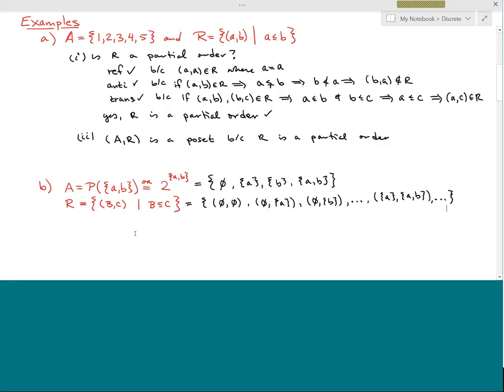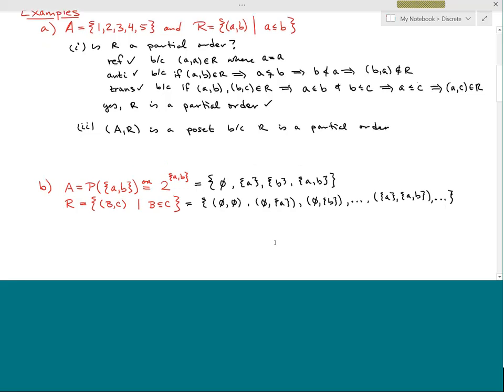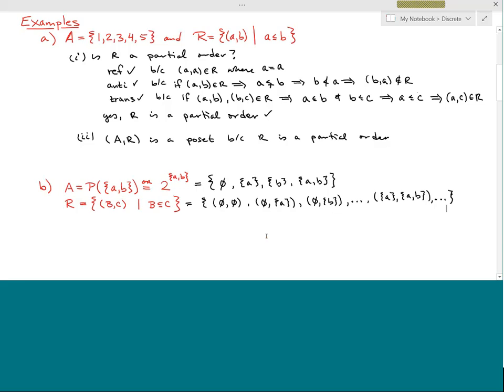Now, notice what this tells you. If we put these two guys together, so if we look at the original set that's all of our subsets of AB, in conjunction with this partial order, we've now created another very classic example of a poset. So let me write down what we just said. So R is also a partial order.